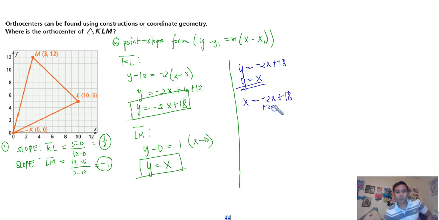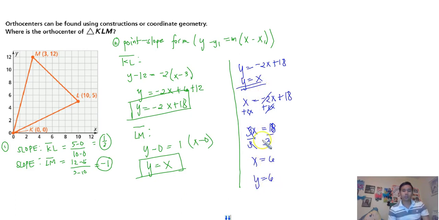Add 2x on both sides, and this will cancel. So I have 3x is equal to 18. I'm going to divide by 3 on both sides. So x is equal to 6. And of course, because y is equal to x, therefore y is also 6.